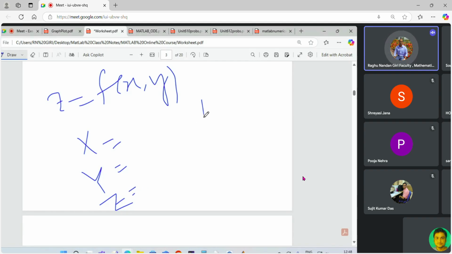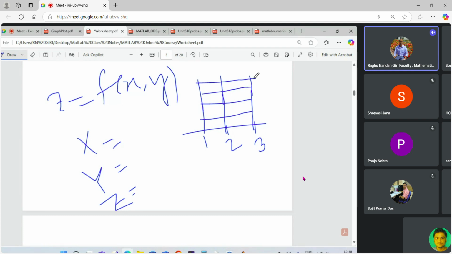So suppose the x values are 1, 2, 3, and suppose the y values are 0, 1, 2, 3, 4. Then what is the x matrix?